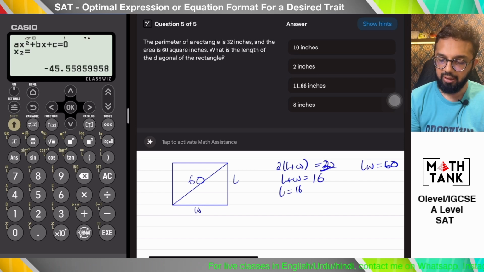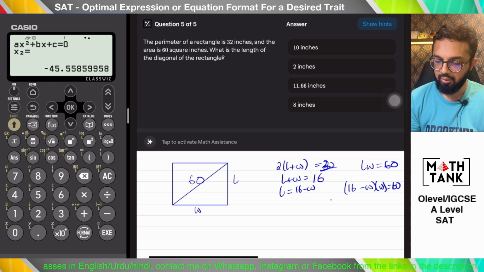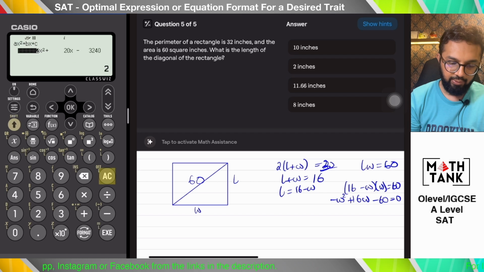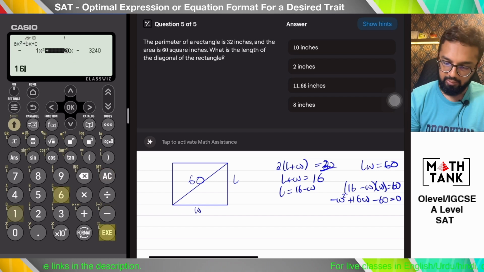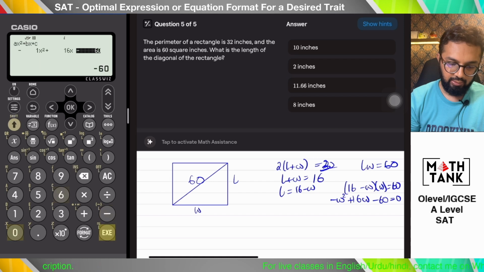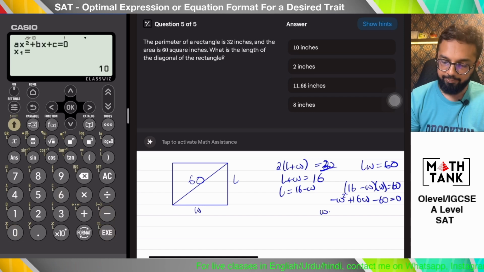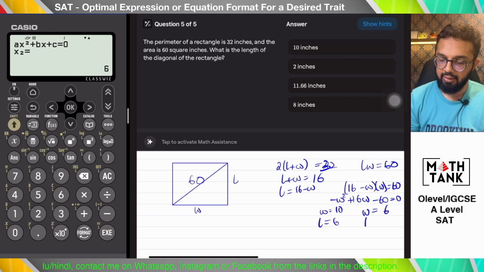So L is 16 minus W. 16 minus W times W equals 60. Substitution: minus W squared plus 16W minus 60 equals 0. Let's solve that on a calculator. The roots are 10 and 6. If W is 10, then L should be 6. If W is 6, then L should be 10.